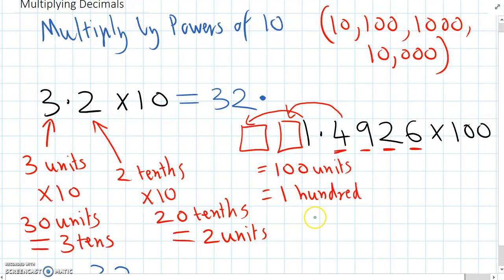And that will give us a final answer of 149.26. So if we look at the 6, it went from the tens of thousandths up to the hundredths. It jumped up by 2 place values.